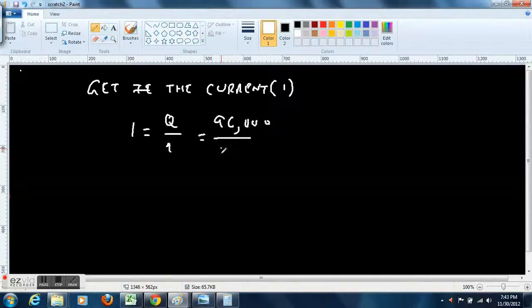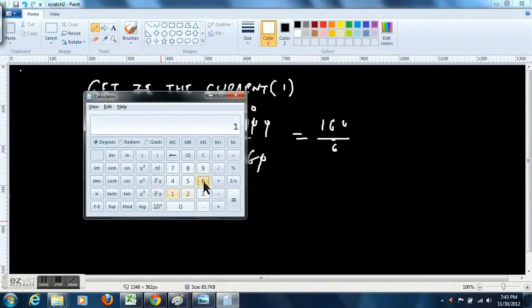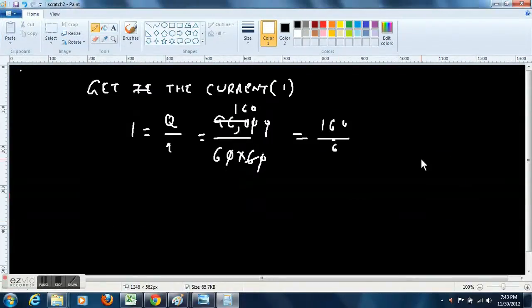Quantity is 96,000, time is 1 hour, so that is 96,000 upon 3600. One 0 cancels out, another 0 cancels out, 960 by 6 comes to 160, so it is 160 upon 6, which, using a calculator, is equal to 26.6 ampere. So this is the current flow.